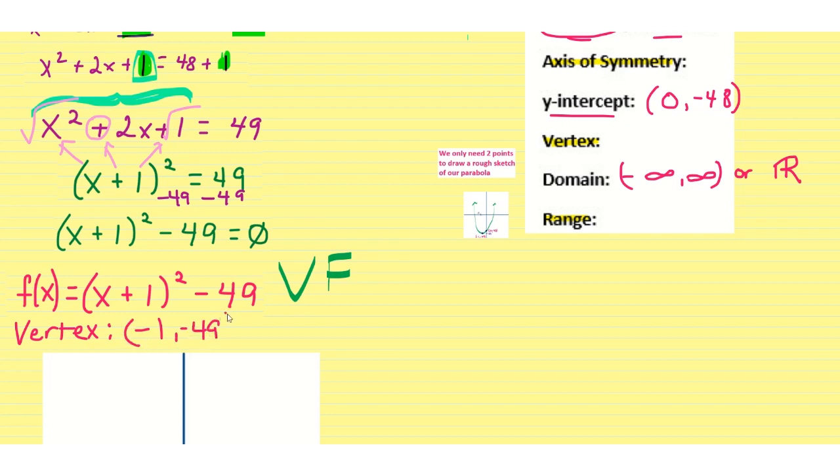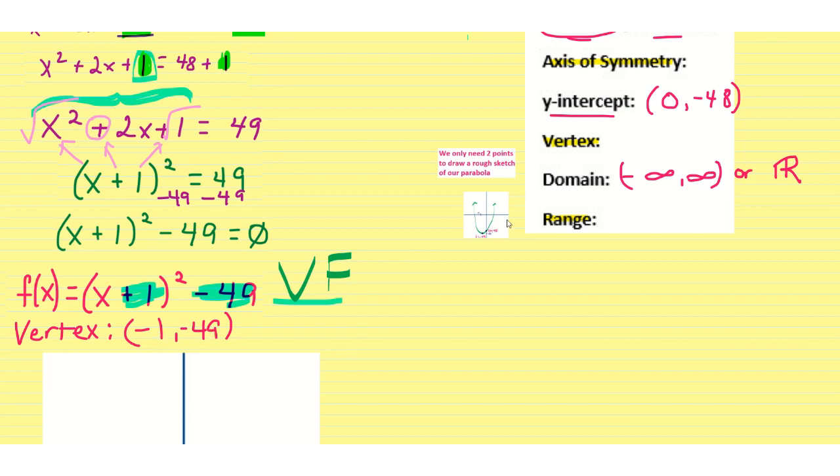Those two numbers come from this +1. It's going to be the opposite sign of this one, which gives us the -1. And then I've got a -49 here, and that stays the same sign. So (-1, -49) comes from +1, -49. So +1, -49 in my vertex form gives me the vertex of (-1, -49).